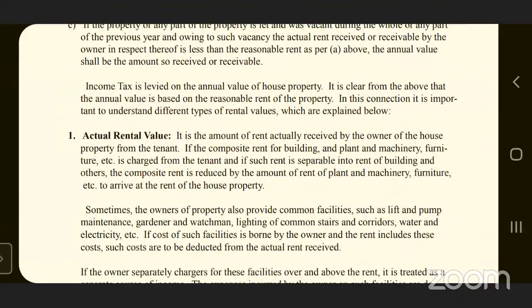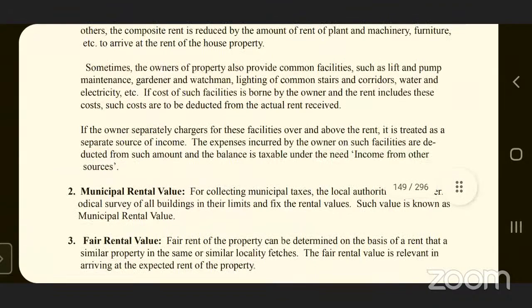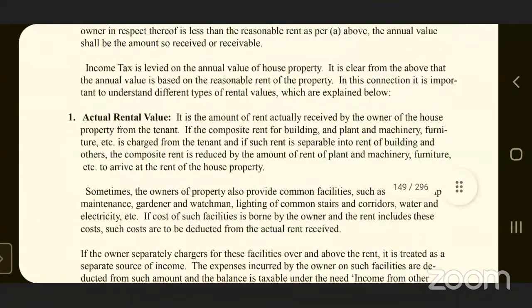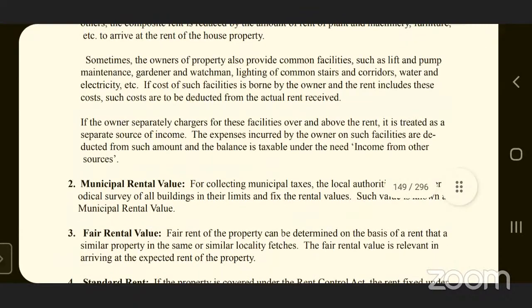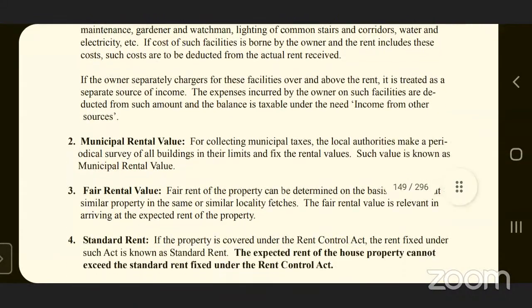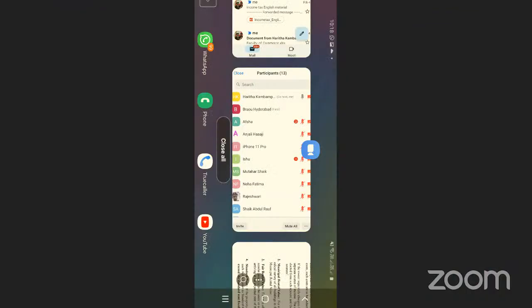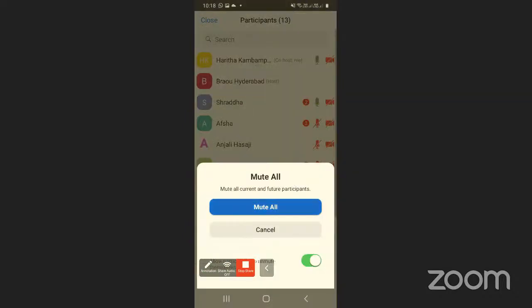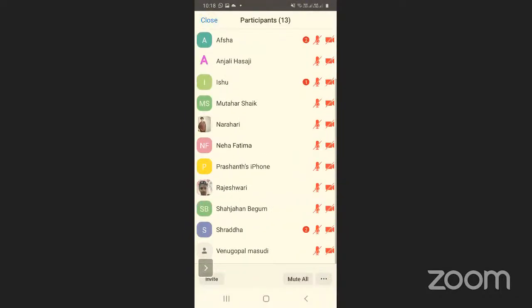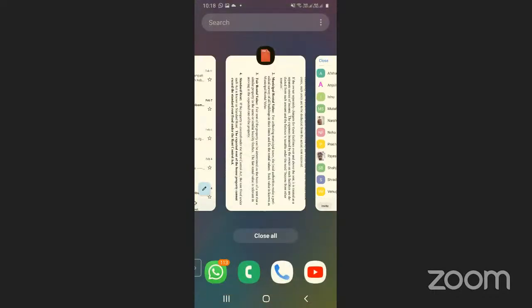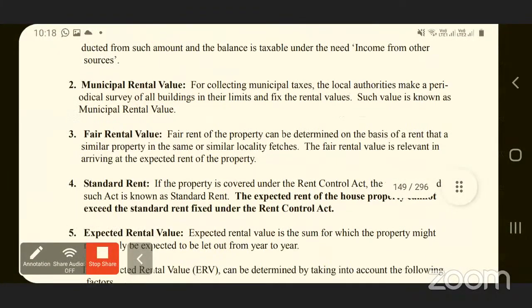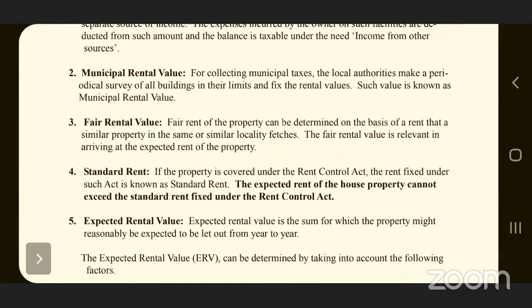In order to compute the annual value, it is inevitable to know a few terms: actual rental value, municipal rental value, fair rental value, standard rent, and expected rental value. Let us see one by one.